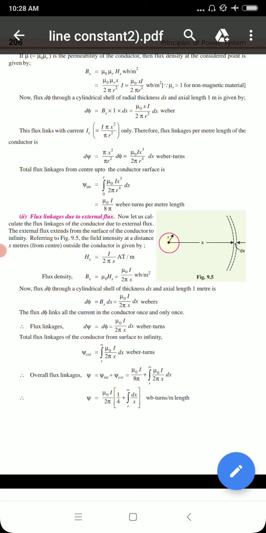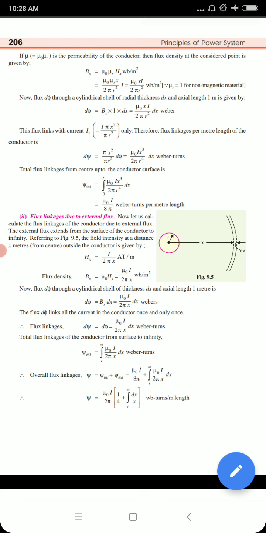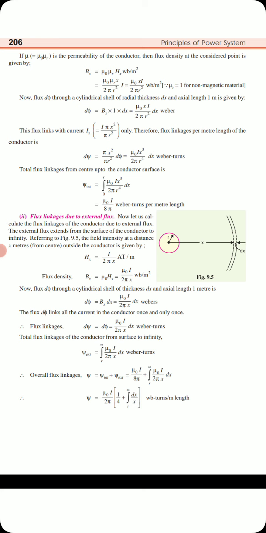After integrating that, we will get ψ external. The external flux linkage of the conductor is given by the integration from r to infinity of μ0 I by 2πx dx Weber turns, and the overall flux linkage ψ is given by ψ internal plus ψ external. We add both the internal and external fluxes, and with a small simplification, ψ is equal to μ0 I by 2π as common, into 1 over 4 plus the integration from r to infinity of dx by x.